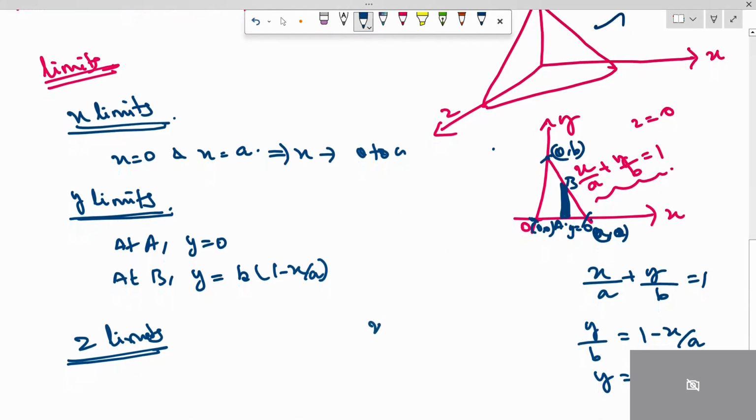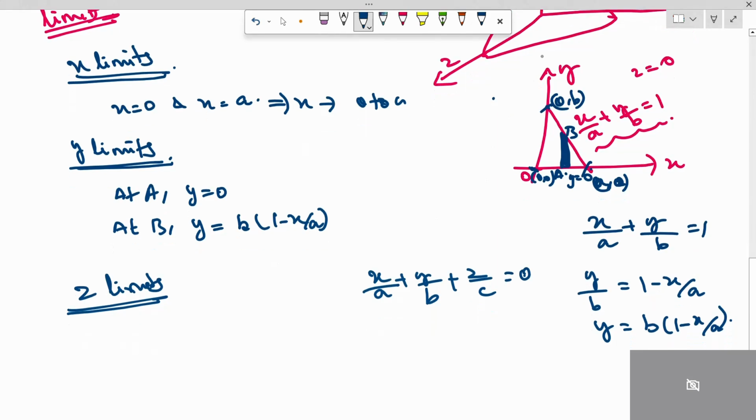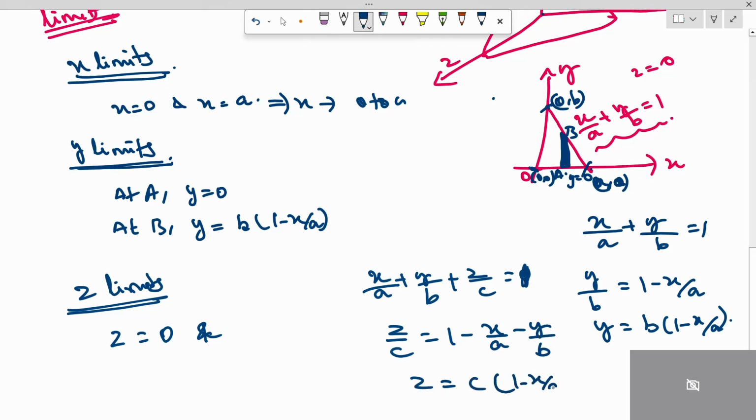We know the equation of the tetrahedron x by a plus y by b plus z by c is equal to 1. Here one end is origin, z is equal to 0, and other end, z by c is equal to 1 minus x by a minus y by b, therefore z is equal to c into 1 minus x by a minus y by b.